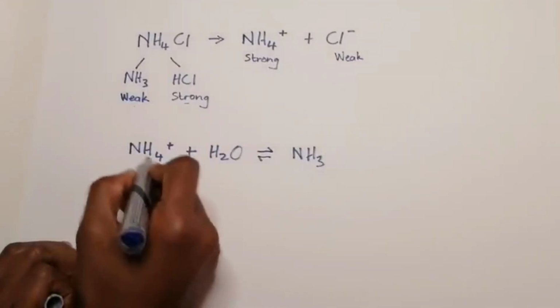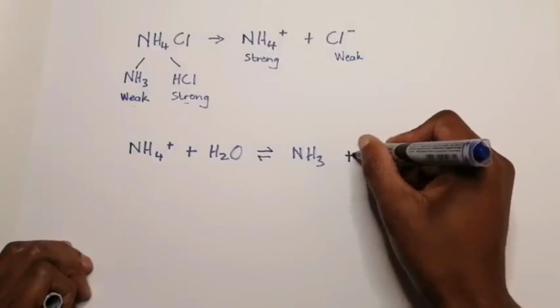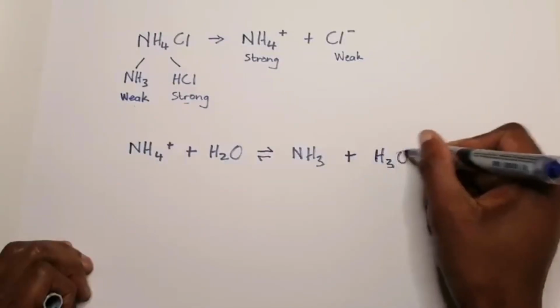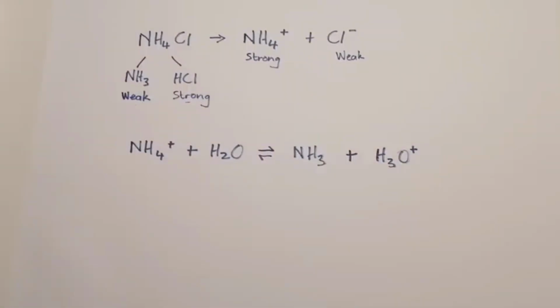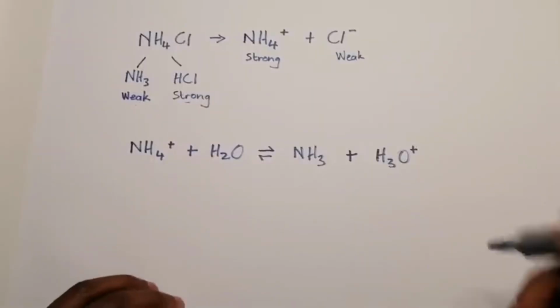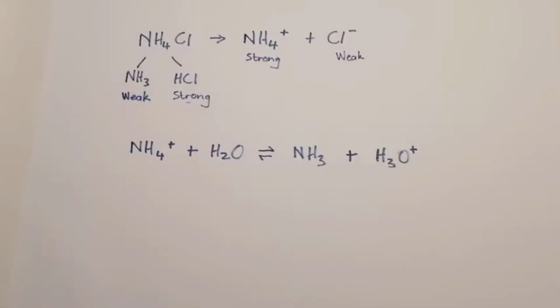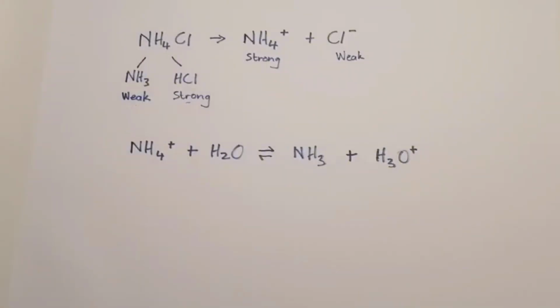It means this guy would have donated H plus to water. And so what would you have on the other side? That's H3O plus. So as a result, what do we notice? We've got H3O plus on the other side. So it simply means that the resulting solution is acidic, and we've proven that, right? Why? Because of the presence of our hydronium ions. Okay, so that is how you would prove that.